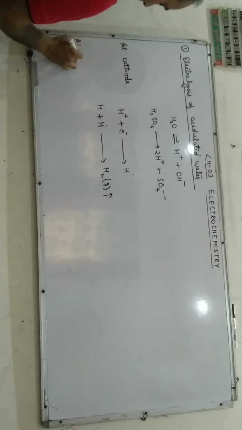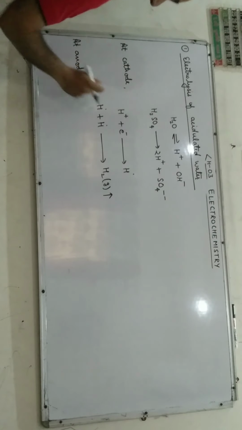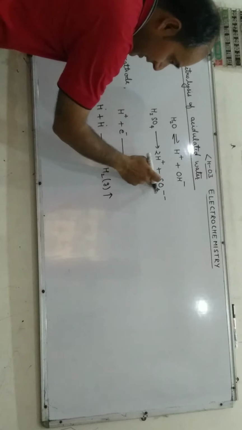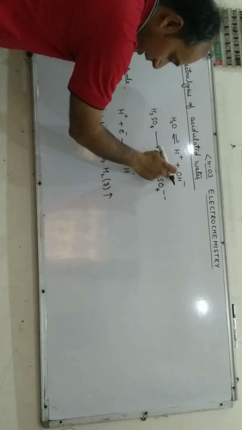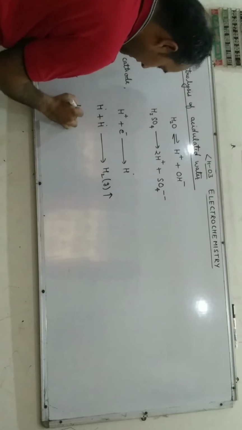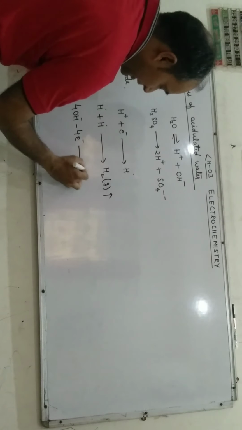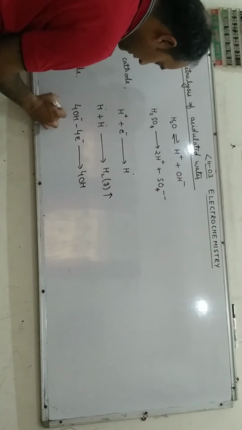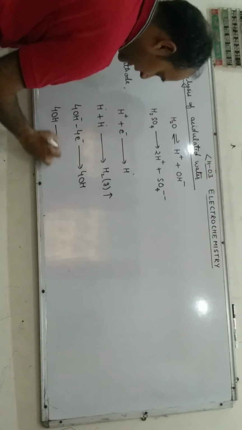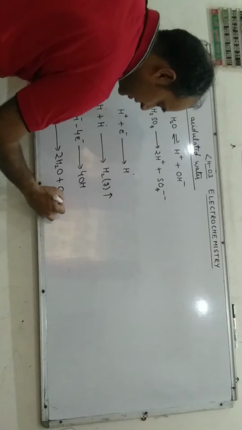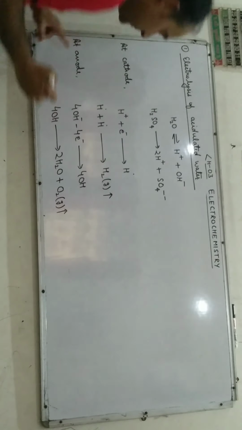At the anode, since the discharge potential of OH negative ion is less than sulfate ion, OH negative is preferred. On losing 4 electrons it gives 4OH. Now 4OH gives 2H2O plus O2, that is oxygen is liberated at the anode.